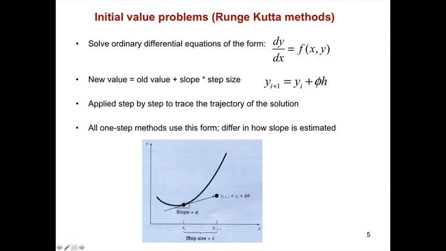Are we following? But I know what dy dx is. According to this differential equation, it is this function f of x, y. Cool, so all I'm going to put instead of the slope is f of xi, yi, because that's my slope evaluated at point xi here.